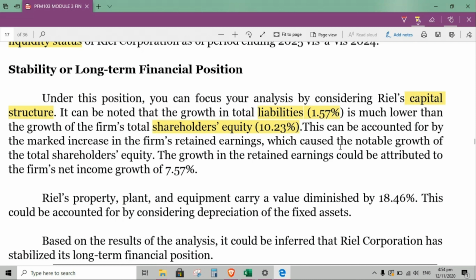So, this can be accounted for by the marked increase in a firm's retained earnings, which caused the notable growth of the total shareholders' equity. The growth in the retained earnings could be attributed to the firm's net income growth of 7.57%.